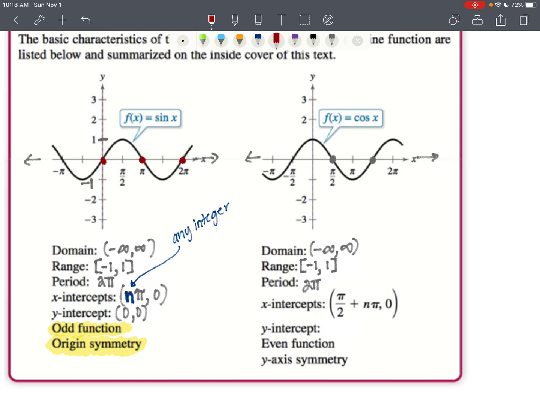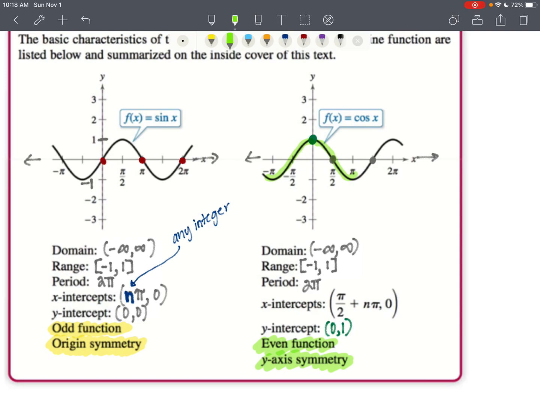And then, of course, your y-intercept, let's do this in maybe green. Here's your y-intercept on the cosine curve. Your y-intercept is going to be (0, 1). Now, the cosine curve is an even function. It has symmetry about the y-axis. So what's to the left is to the right of the y-axis.